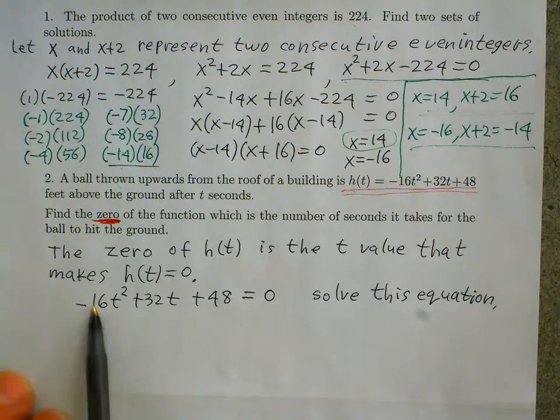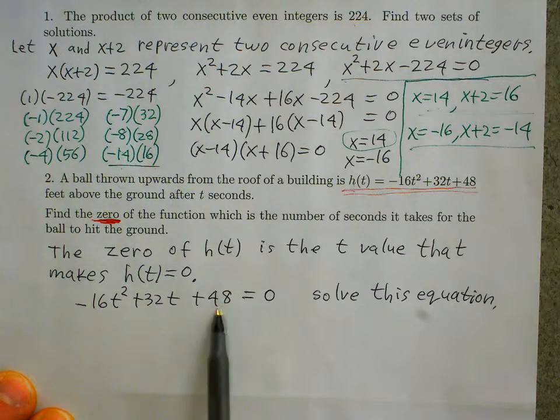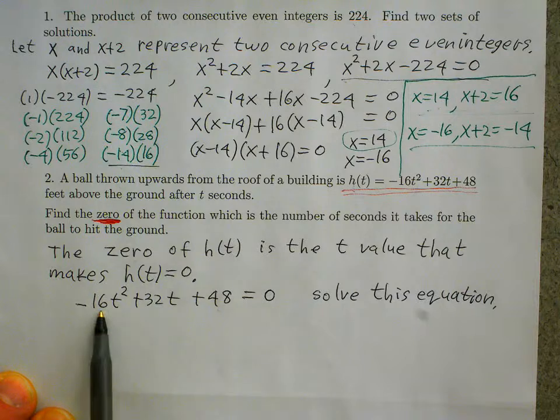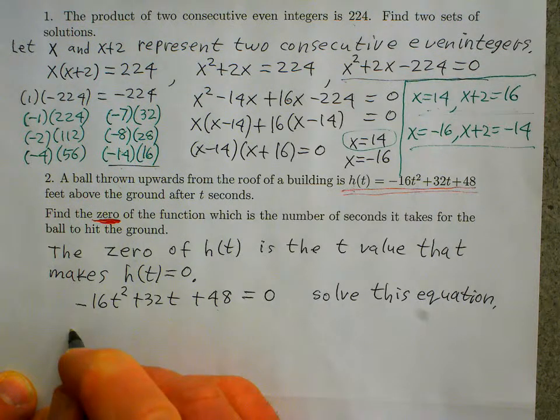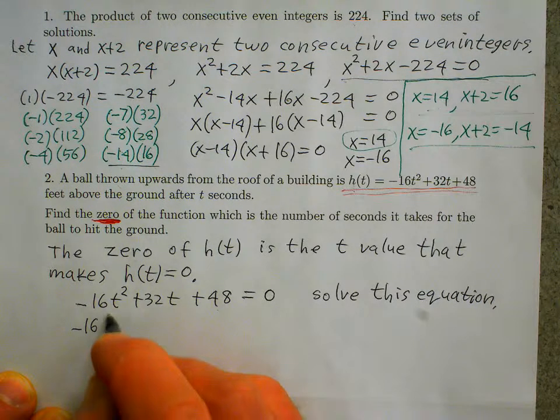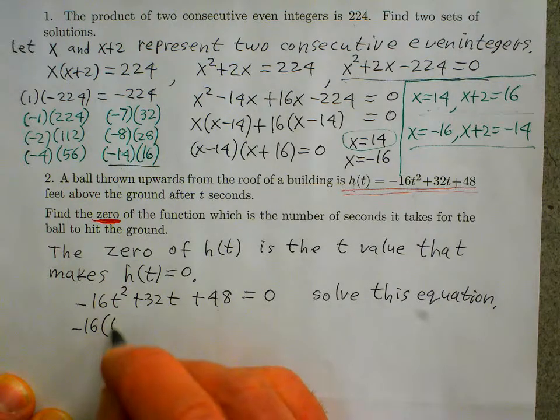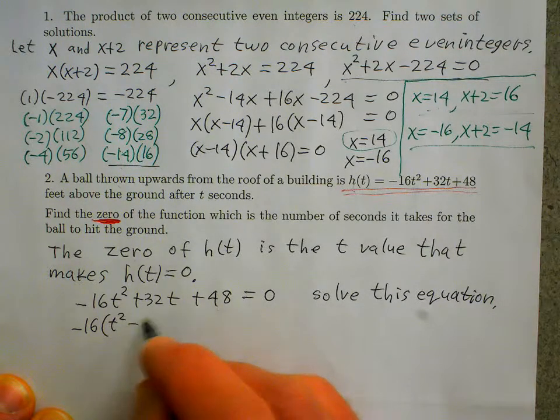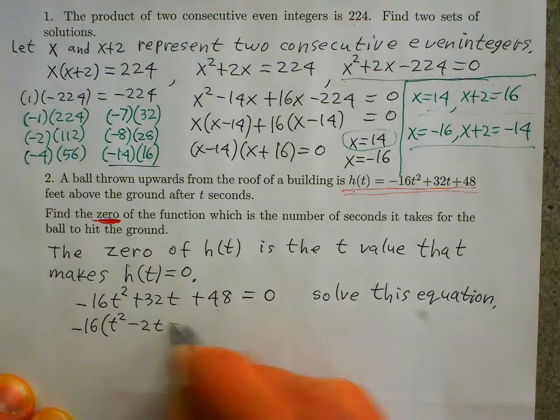Okay, the greatest common factor is 16. So if we factor negative 16 out, we'll get negative 16 times t to the second minus 2t minus 3.